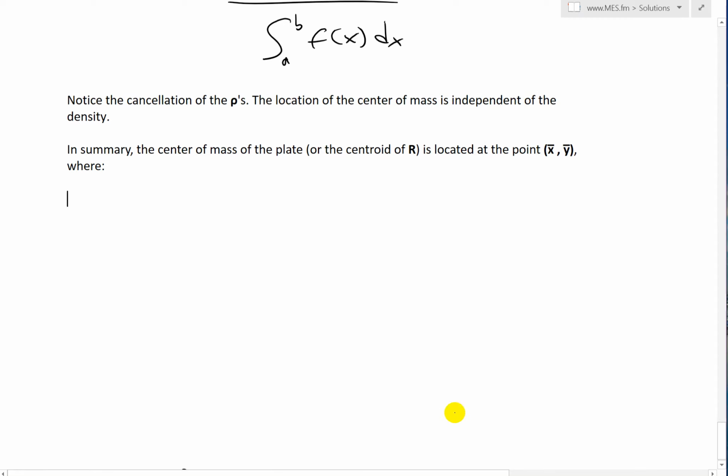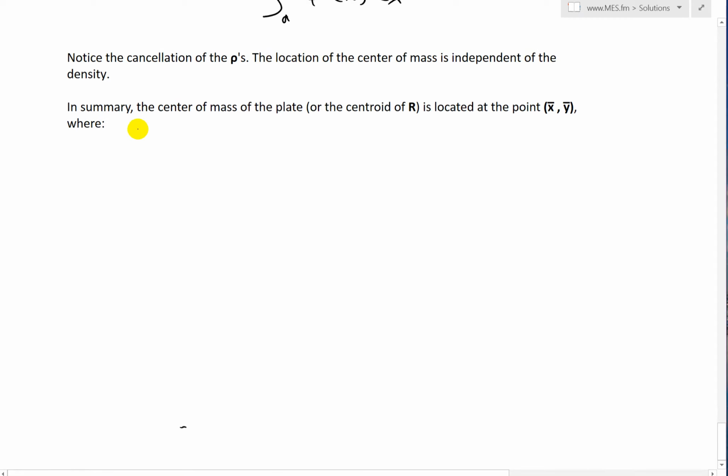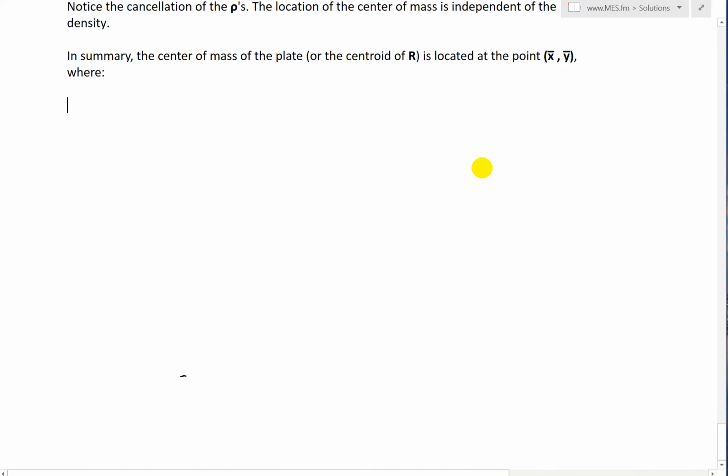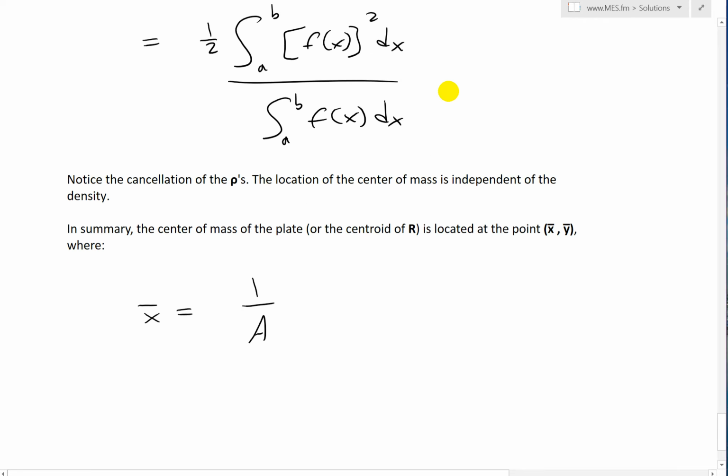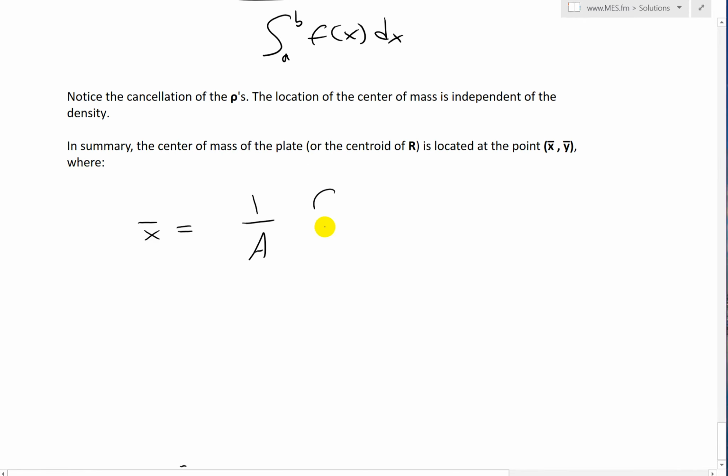So now, in summary, the center of mass of the plate, or the centroid of the region R, is located at the point x-bar, y-bar, where, just to summarize, you could write this as 1 over the area. So we'll write in the bottom just the area. For x-bar it's the integral from a to b of x f of x dx.